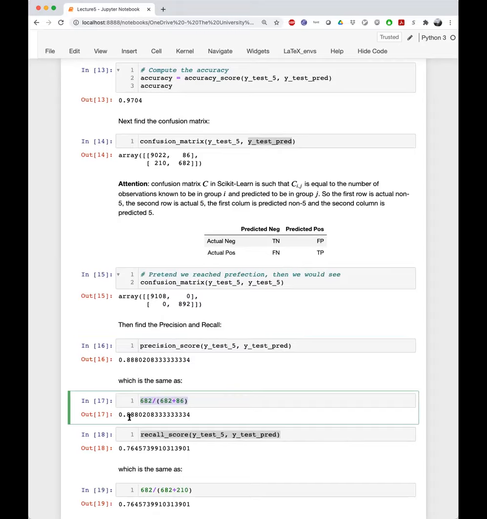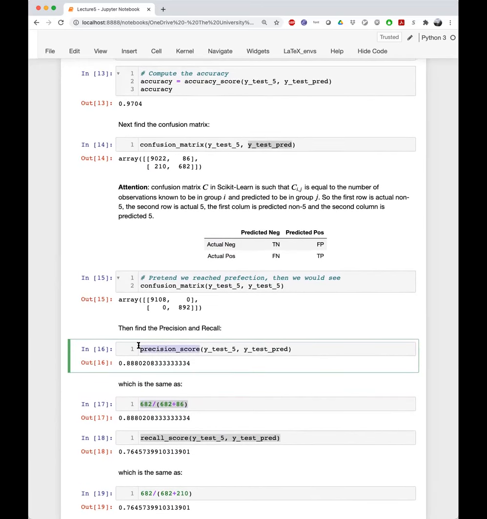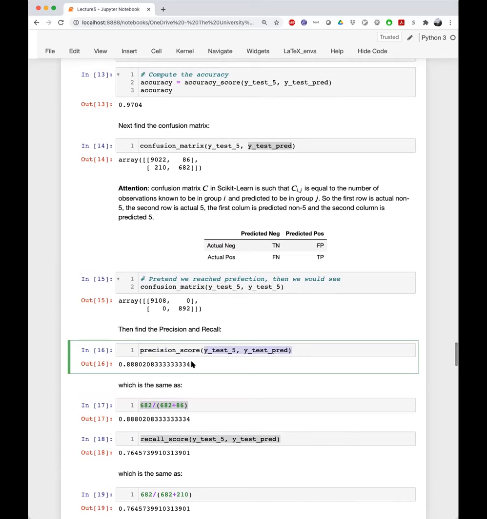That's given here, that's 0.888. Instead of doing this, we can simply call the precision score function imported from sklearn.metrics. Again, use the predicted label and the true label, and you get the same thing.